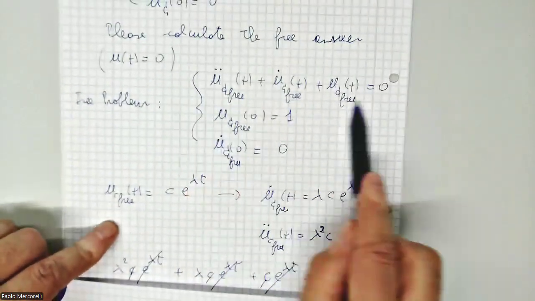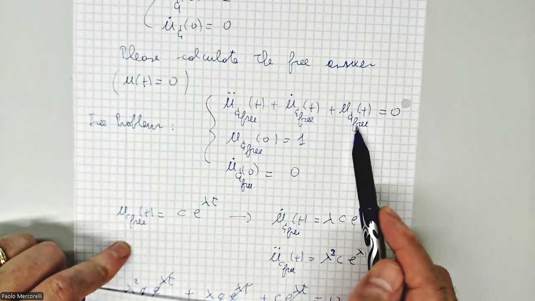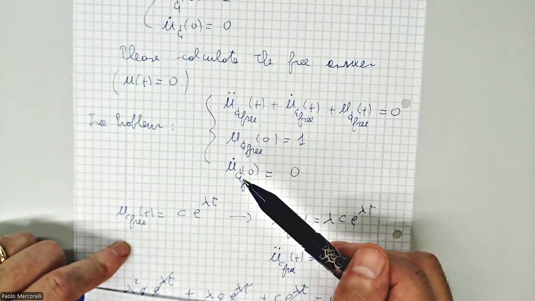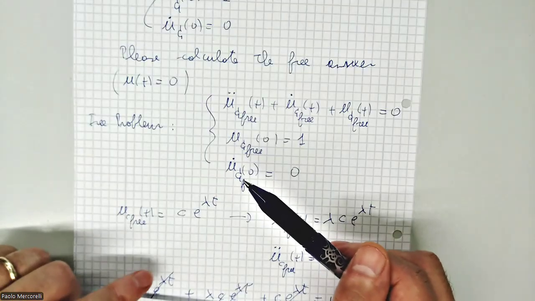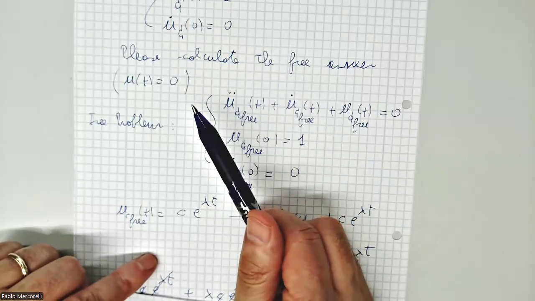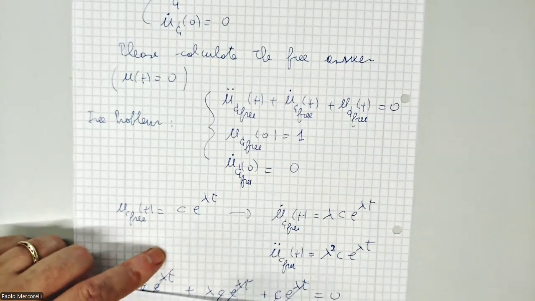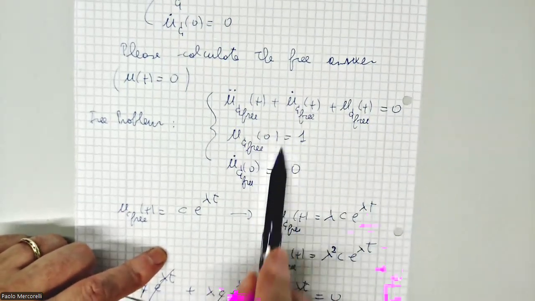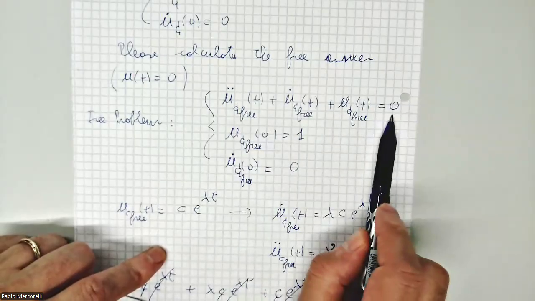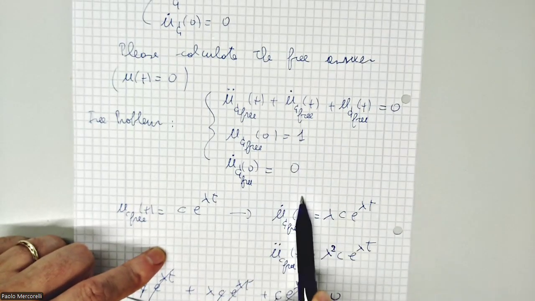The system is linear, and we have a combination of the derivatives. This means I can assume that the solution here is again an exponential function somehow, or a sum of exponential functions, because we have a sum of derivatives, which will consider these two conditions.